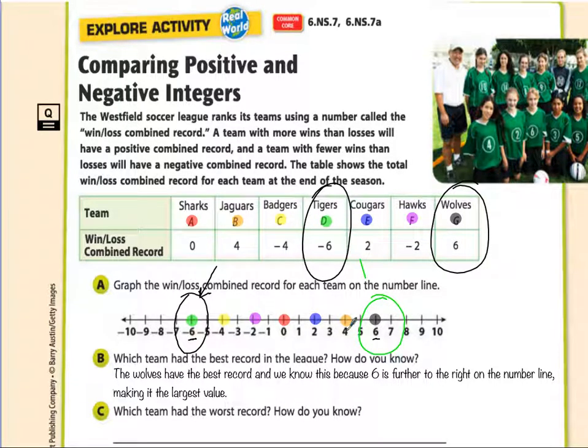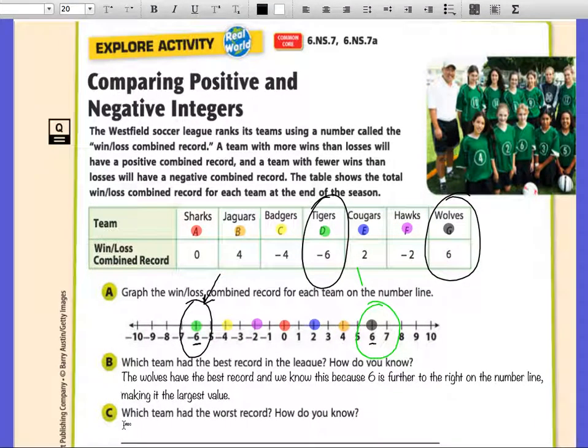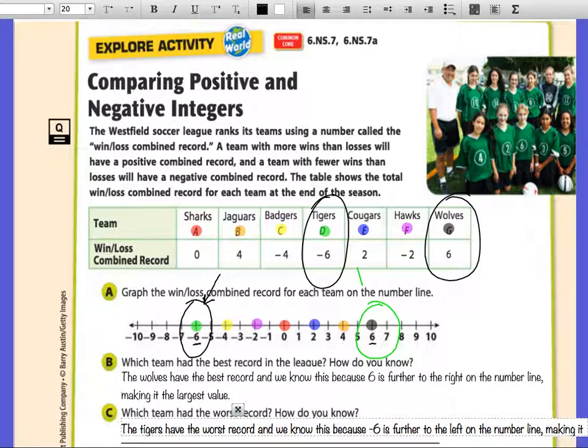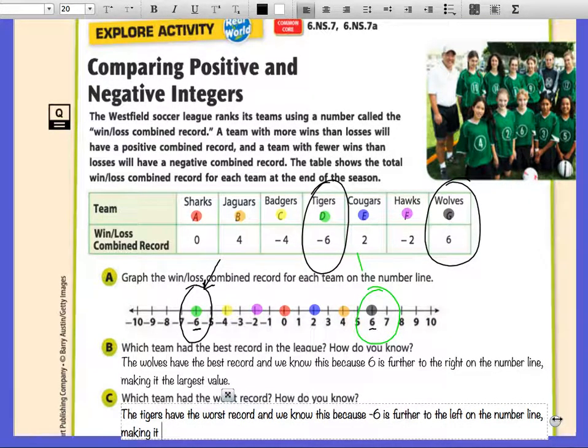So the Tigers have the worst record, and we know this because -6 is further to the left on the number line, making it the smallest value.